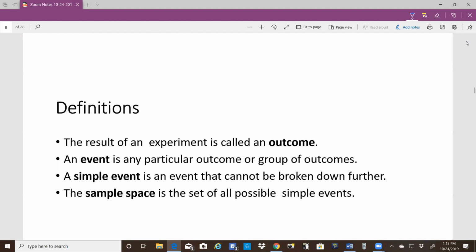The results of an experiment is called an outcome. An event is any particular outcome or group of outcomes. A simple event is an event that cannot be broken down further, and the sample space is a set of all possible simple events. So as you work probability problems, you're going to need to break it down and think about what all the possibilities are, and then all the events that are favorable to the outcome you're looking for.